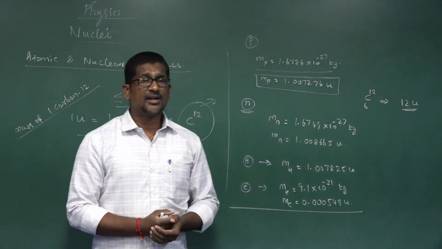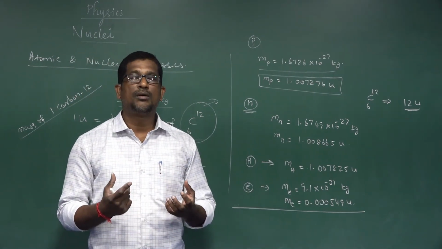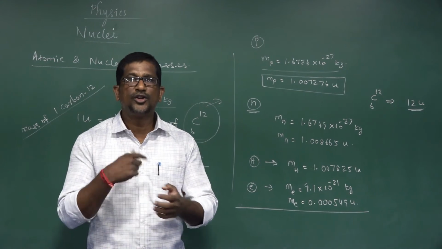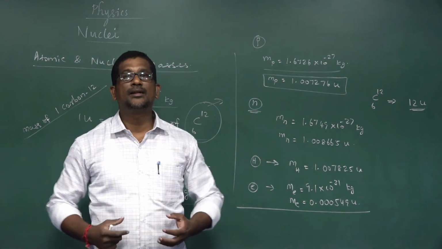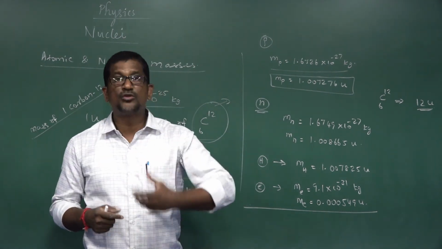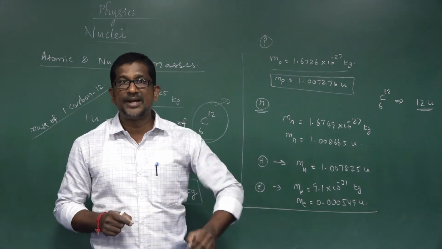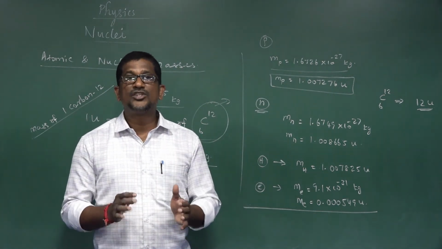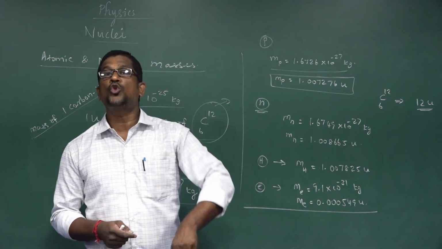Here, how can you determine the value of mass of an atom, or how can you determine atomic masses? The atomic masses can be determined by an experiment, by using an instrument called Bainbridge mass spectrometer. Bainbridge mass spectrometer is an instrument which is used to measure atomic masses as well as isotopic masses.